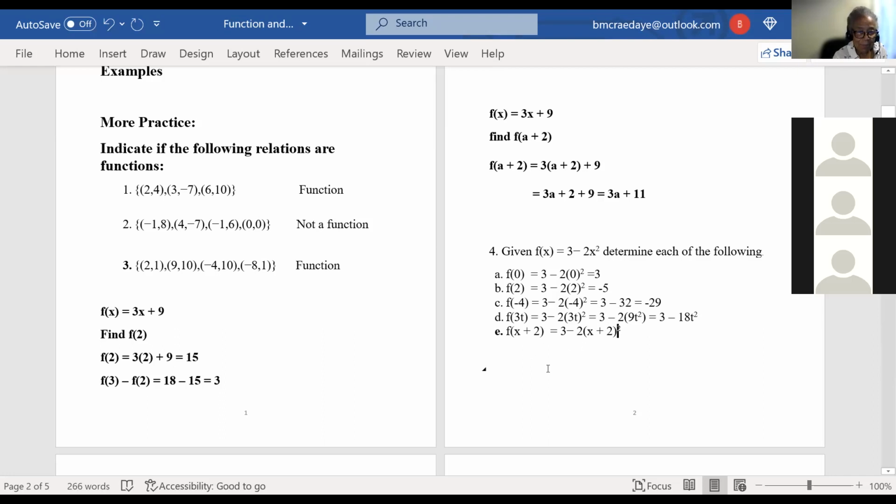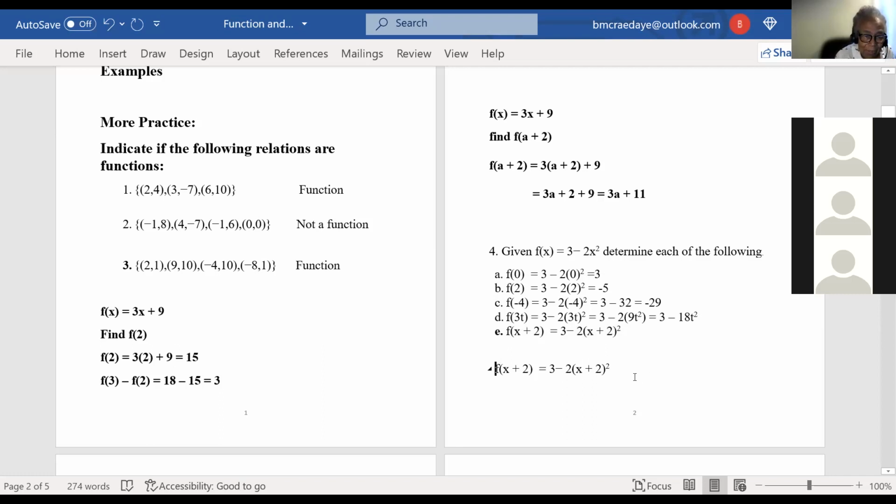And what's that equal to, Vanessa? That's equal to, let me just copy this. I get 2x squared, negative 8x, negative 5. Am I right?